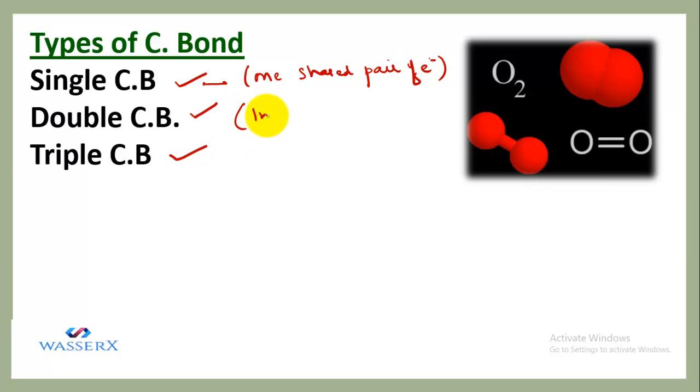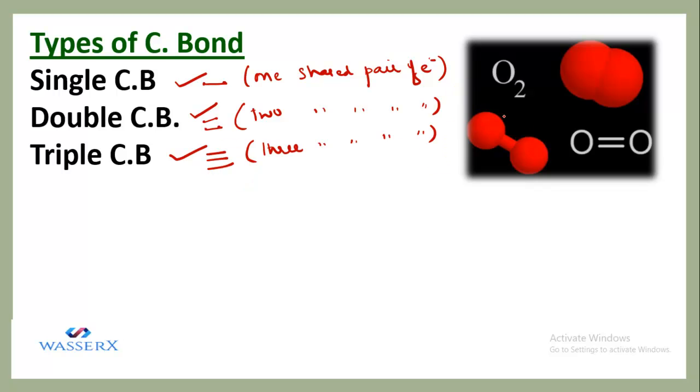But if there are two shared pairs of electrons, that is, two electrons contributed by each combining atom, then it is a double covalent bond. And if there are three shared pairs of electrons, there will be three lines, indicating a triple covalent bond.